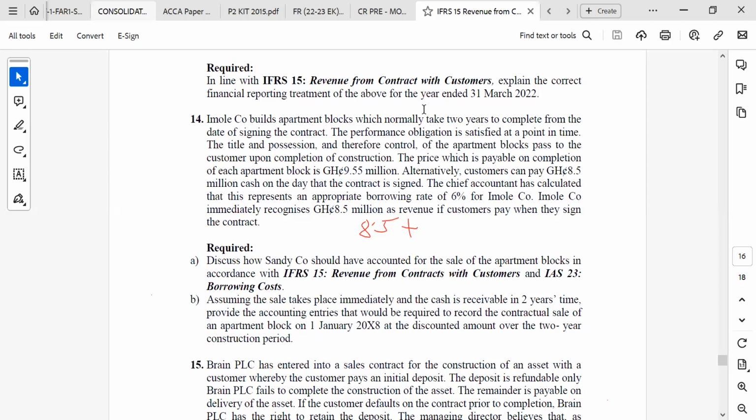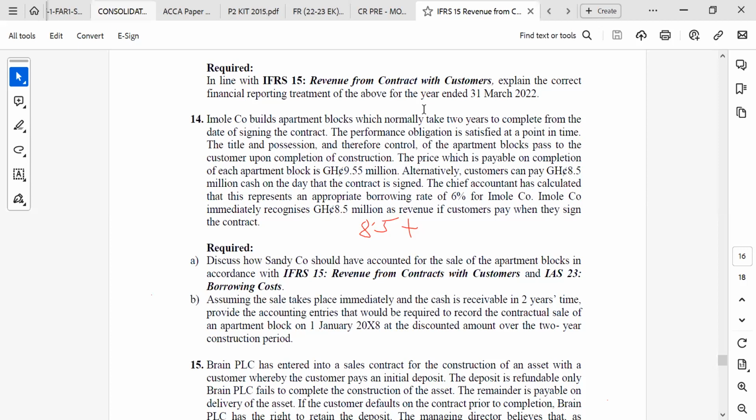But if the customer has not paid the 8.5, then the company cannot recognize revenue until the building has been transferred to the customer in 2 years' time. So the company can only recognize revenue of 9.55 in 2 years' time. So these are the things that you are going to be saying. If the contract is signed and the customer has paid the 8.5, what will be the accounting treatment for the 8.5?